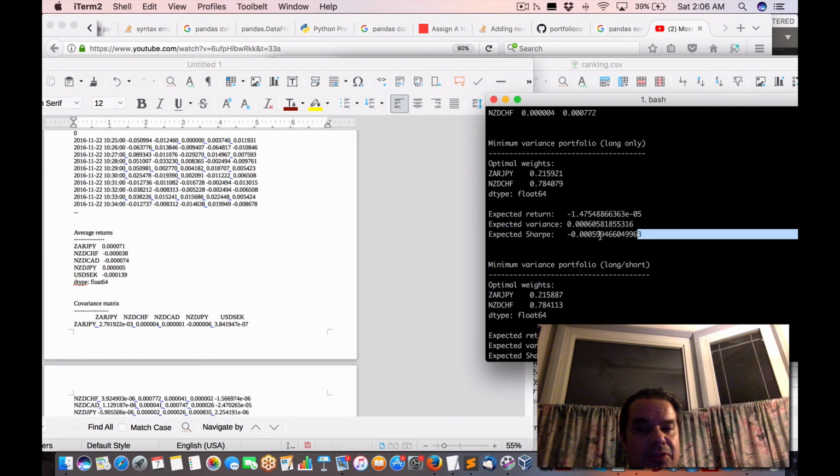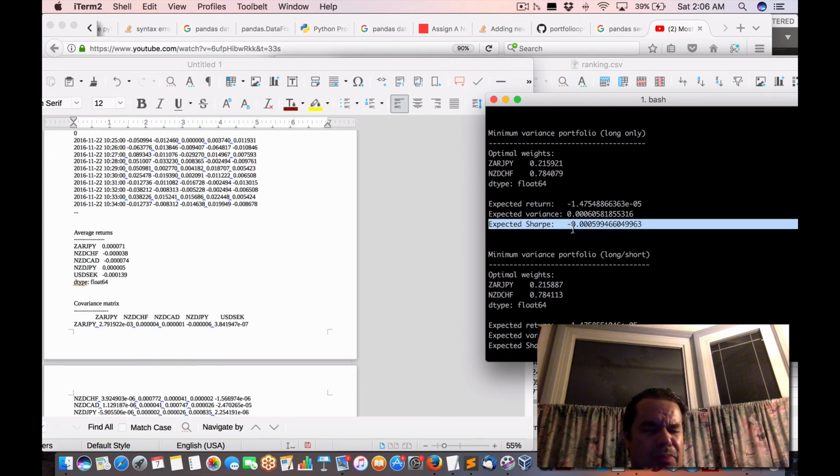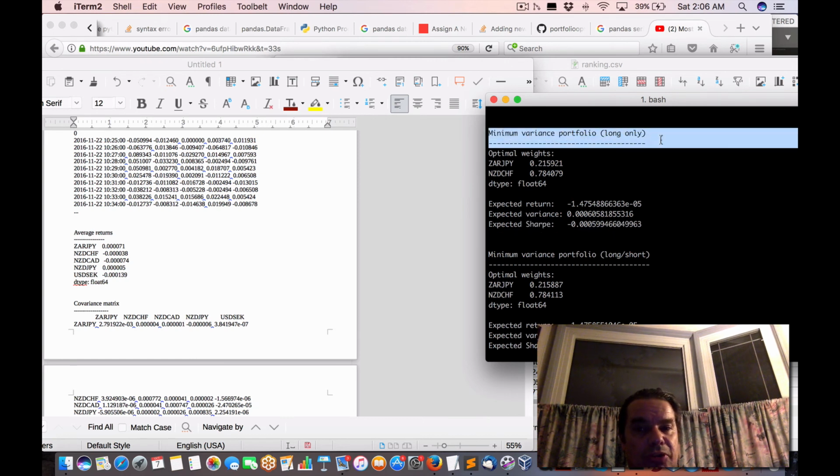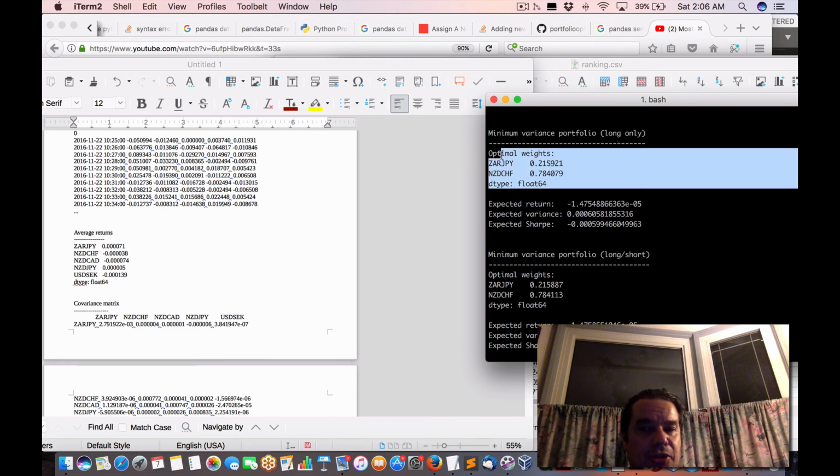But just for now, I wanted to get a gauge on what would be the best portfolio strategy type for the allocation of the weights for my trades when I put on positions.